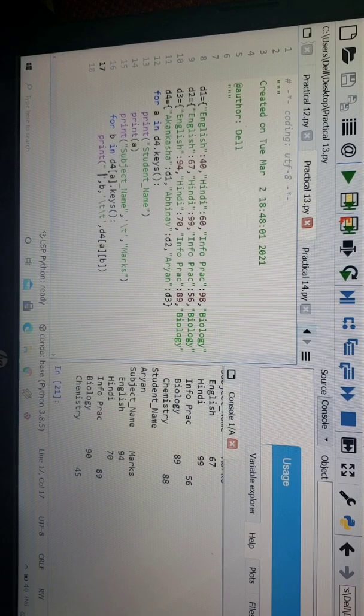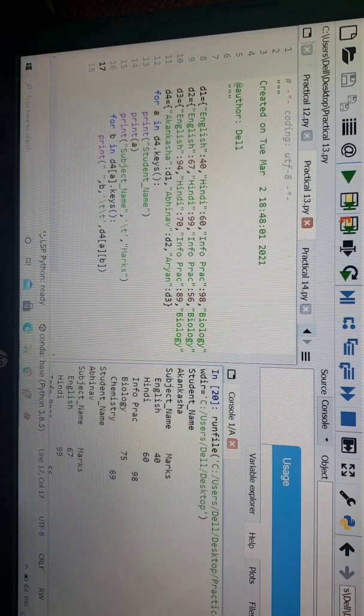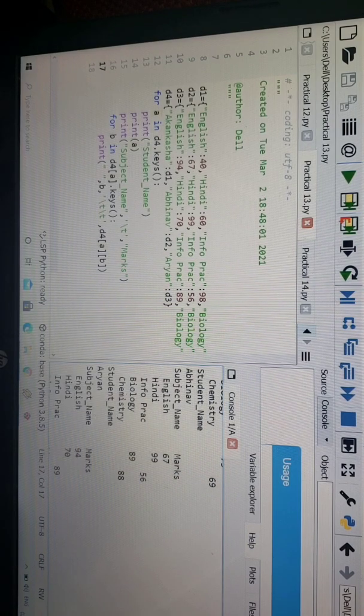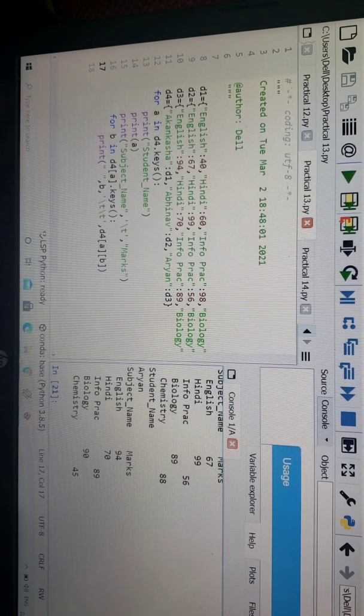Here you can see we are getting the output. First student is Akansha, subject name and her marks, and then second student is Abhinav, subject name and its marks. Then for third student Aryan, subject and its marks, and this is our output.